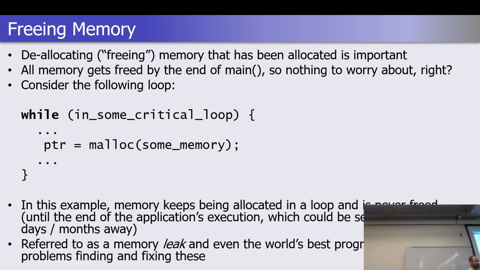You have some critical loop in your program, some kind of resident loop that keeps your application running until it's eventually time to close out of it. And somewhere within that loop, you do some allocation of memory. If you do that enough times without actually freeing that memory, you'll keep using more and more memory over time.